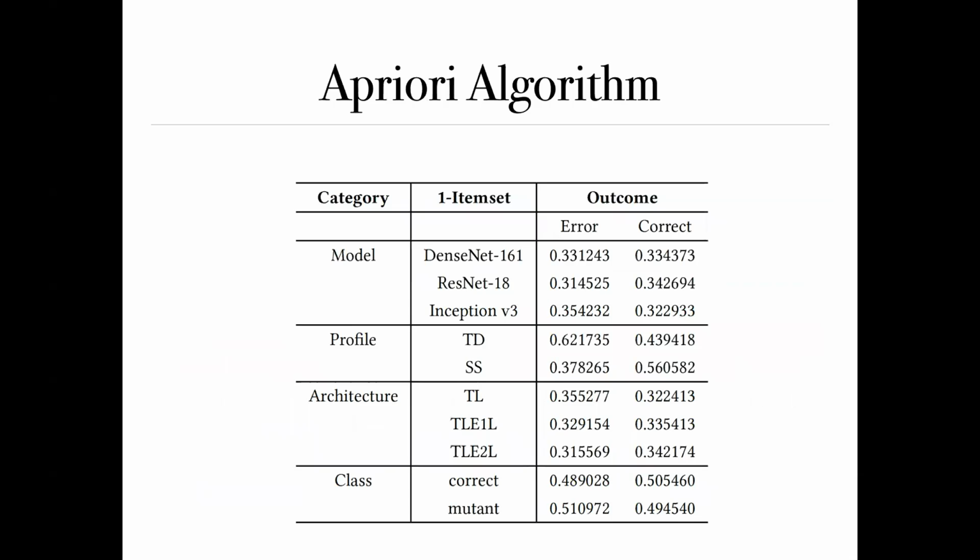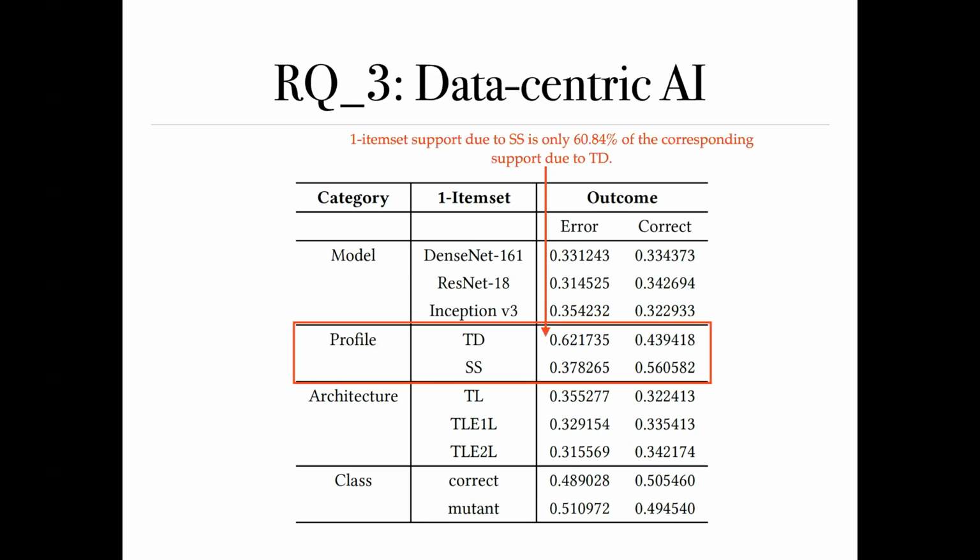In order to answer the last 2 questions, we use the Apriori algorithm association rule, where here we consider the 3 best models, and in the error column, the lower the value, the better. In the correct column, the higher the value, the better. In the profile category, we see that the one dataset support due to some similarity profile is only 60.84% of the current support due to TD in the error column.